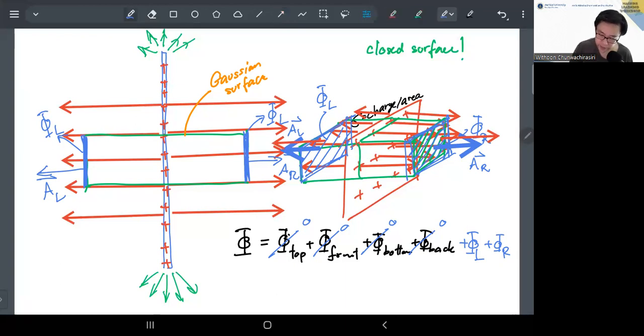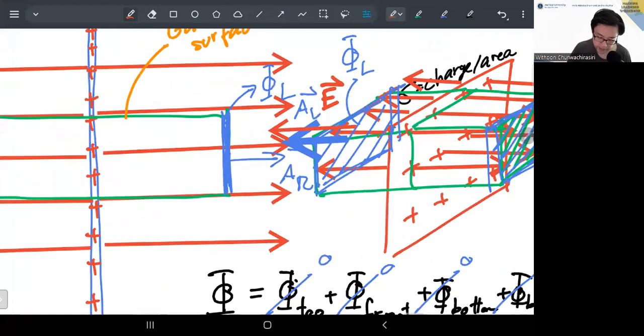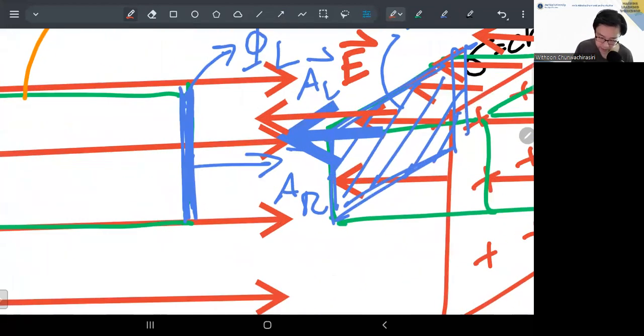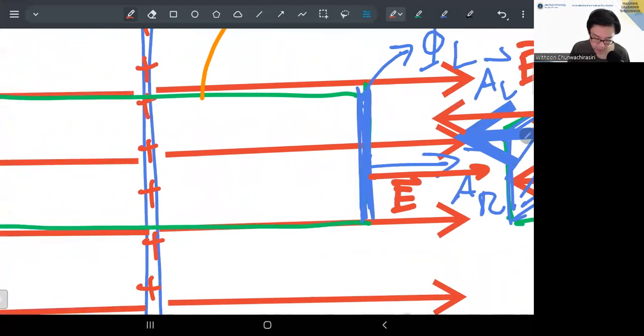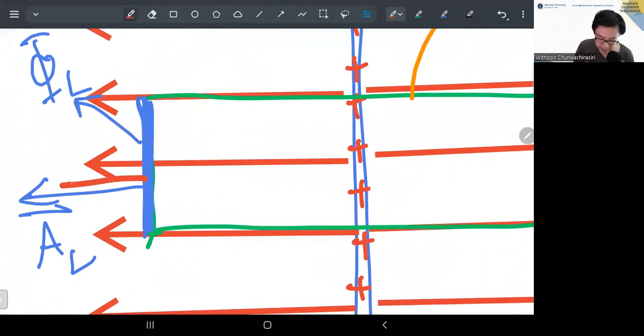So that means the electric field vectors already point in a parallel direction to the A vector. Isn't that cool? On the right side, E and A are already pointing in the same direction. And on the left side, E and A are also pointing in the same direction, outward.